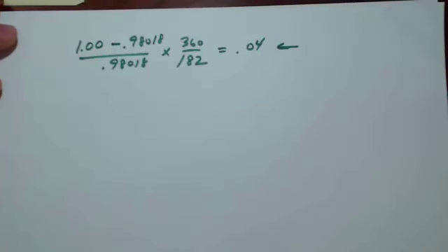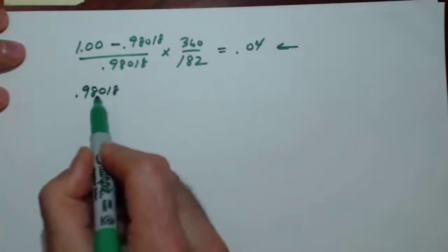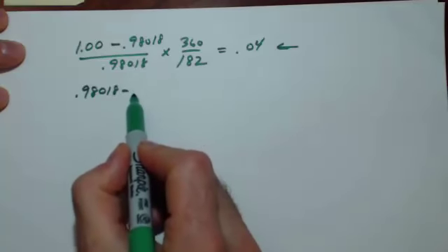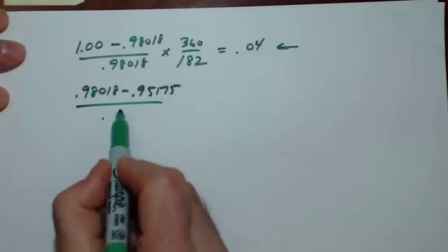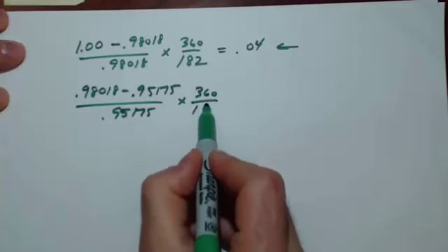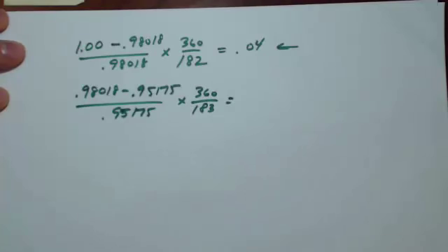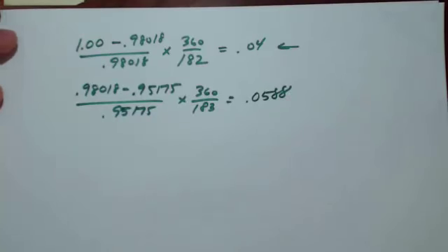Now let's look at the second forward rate. We're going to take the 0.98018, the bond price in the first period, minus the second period, annualize it, and we're going to get 0.0588. Okay.